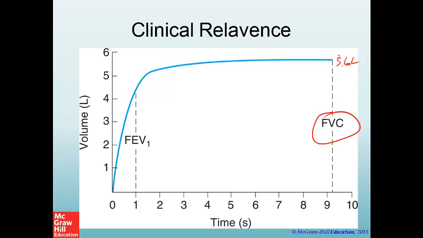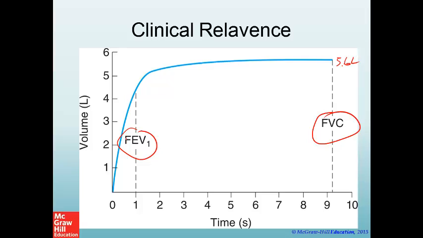But what about the tubes? What about the bronchi, the bronchioles, the smaller alveolar tubes? How can we measure or look at what the state of those tubes happens to be? Well, then we do what's called an FEV1, forced expiratory volume, in 1 second. So how much air can you blow out of your lungs in 1 second?